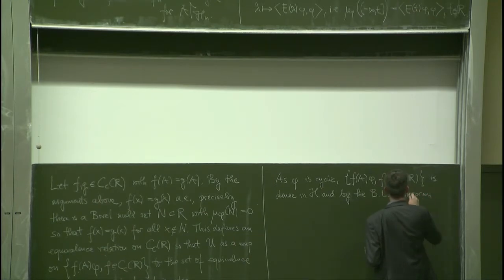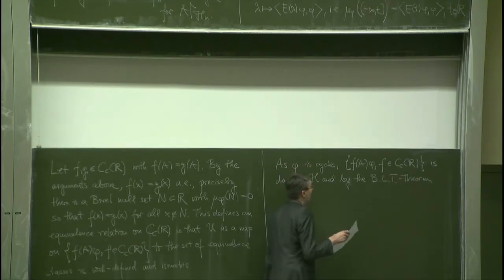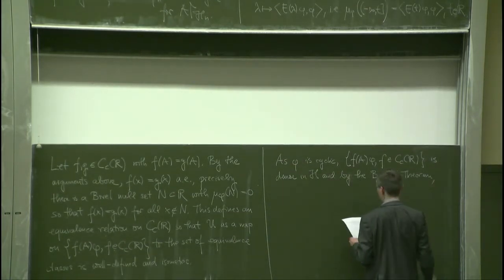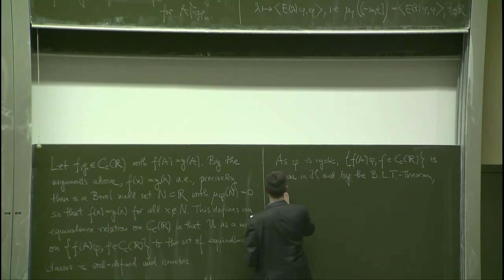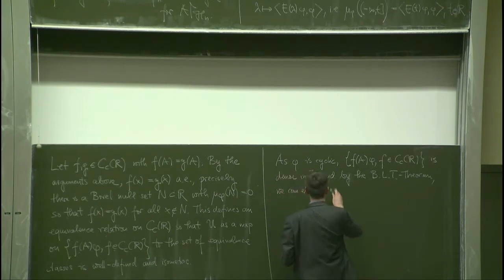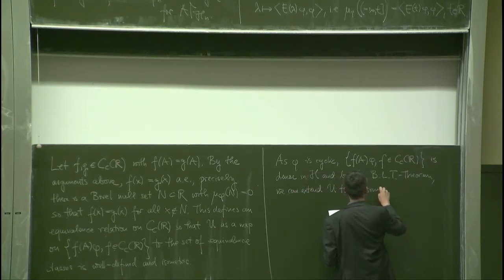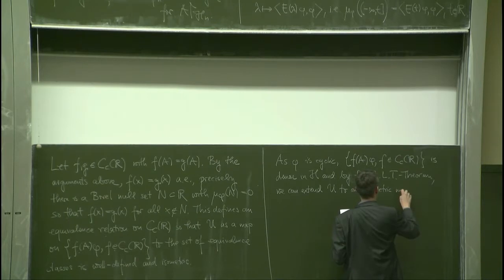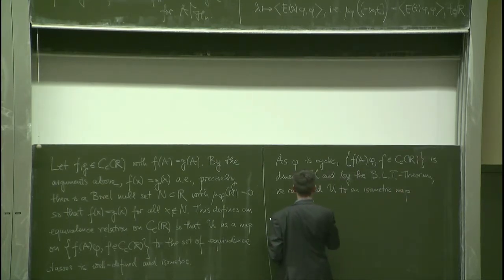This is a standard theorem in Reed-Simon volume 1. And then by the BLT theorem, we can extend U to an isometric map from H to all of L2.